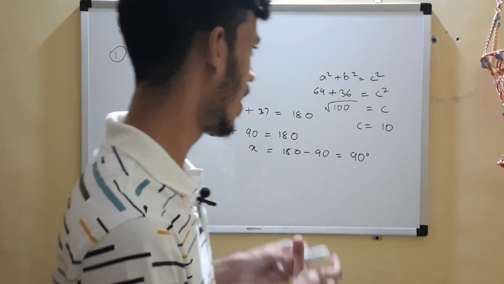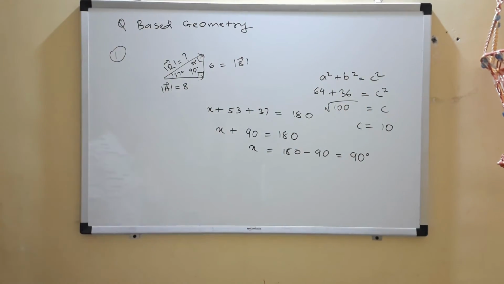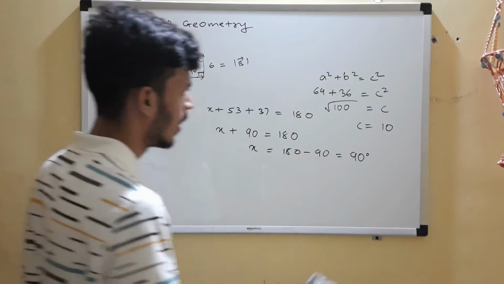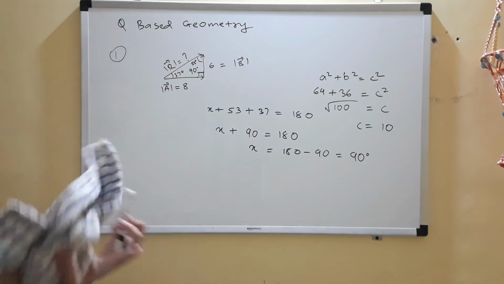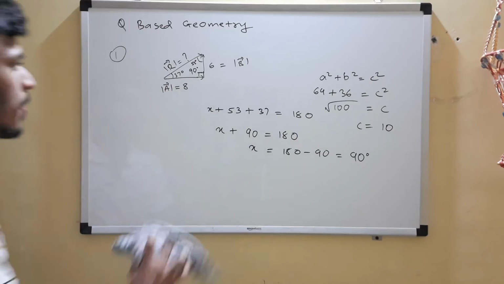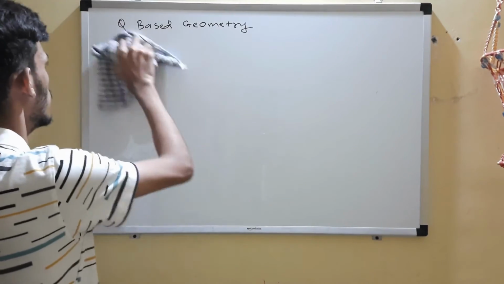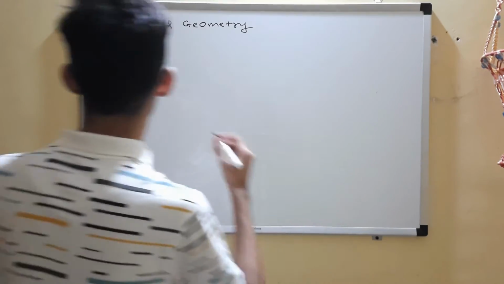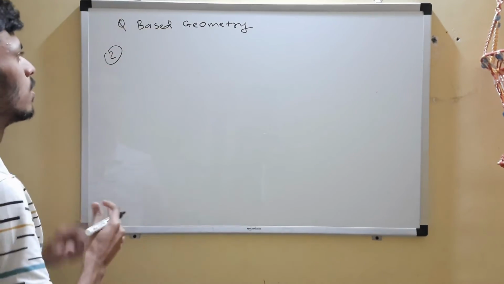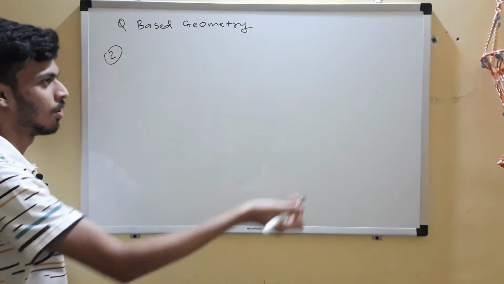So basically you'll have problems mostly on the Pythagoras theorem. Some of them are north-south types. I'll tell you that, the second problem. The second problem is of the northeast type.